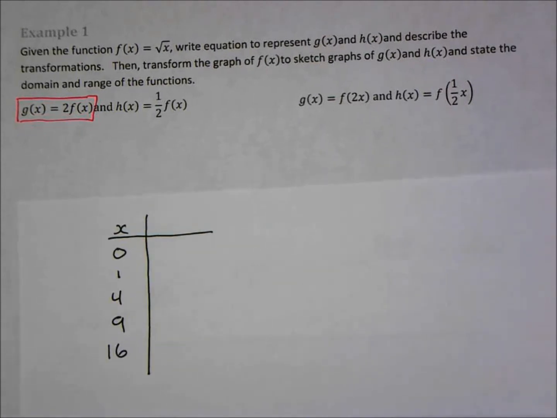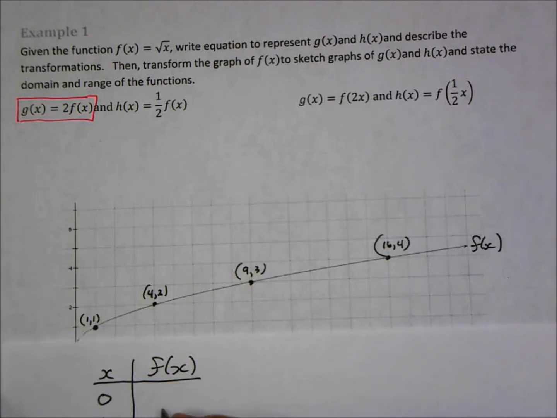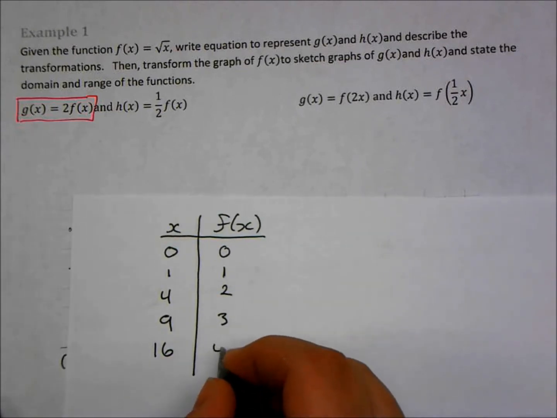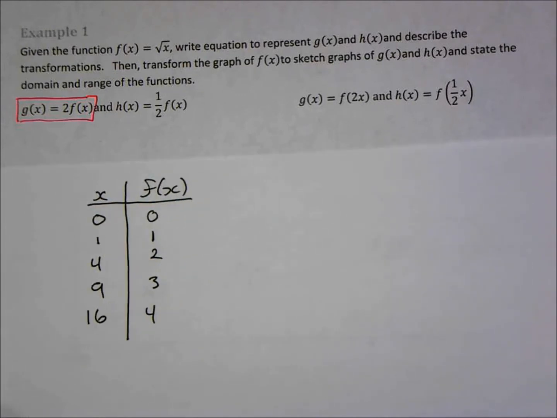What were our values for f of x from our original function? What are the other coordinates? 0, 0, 1, 1, 4, 2, 9, 3, and 16, 4. So for x and y, I've just written out the coordinates.